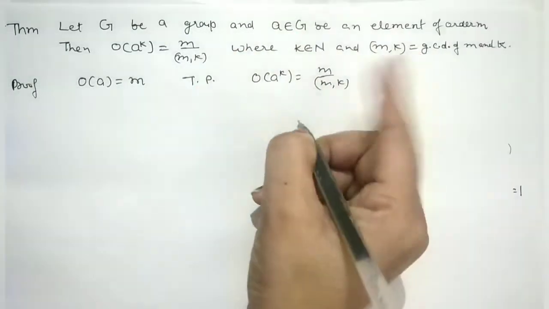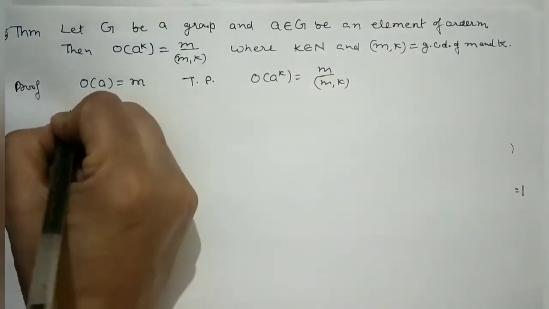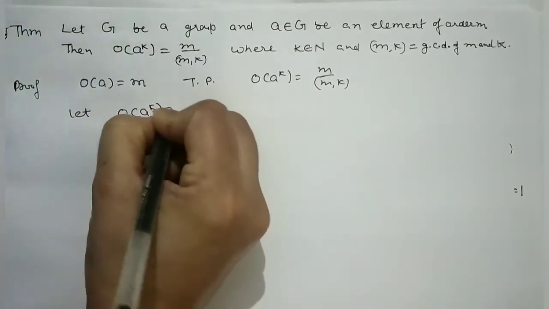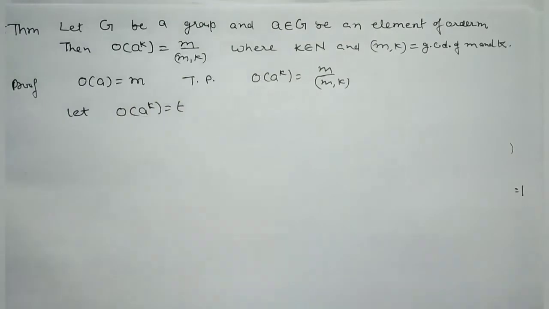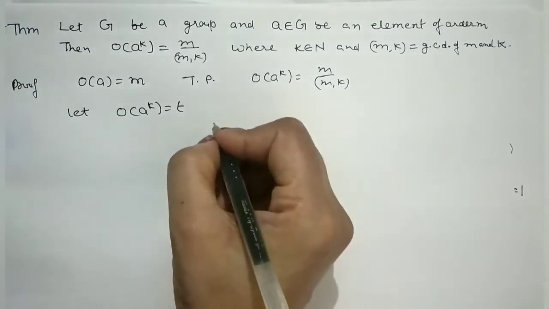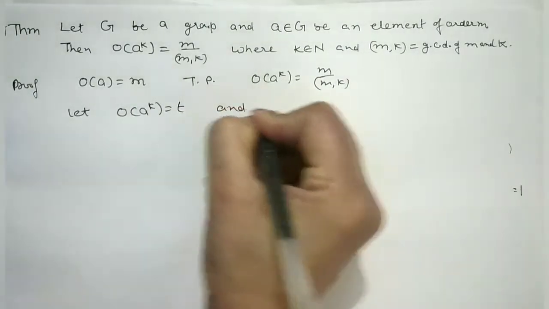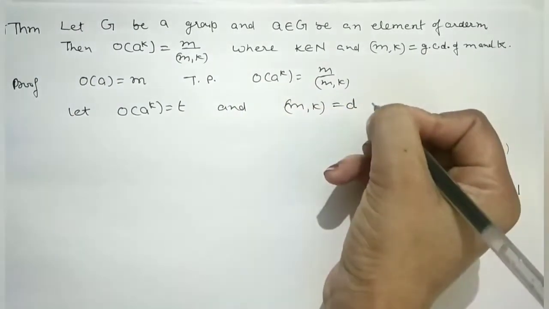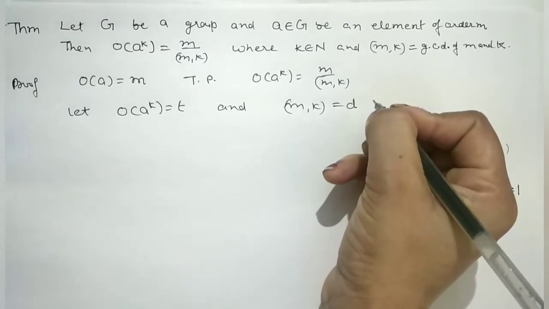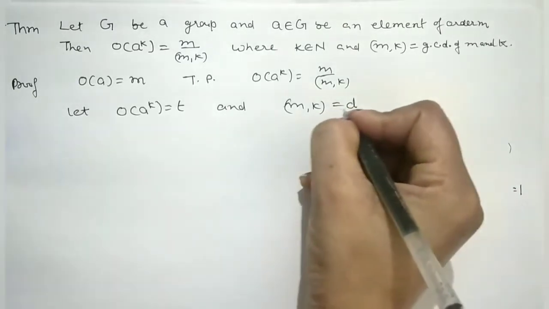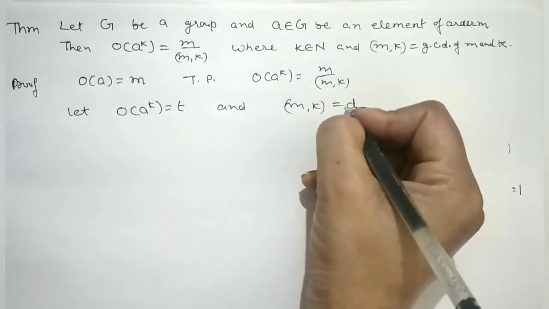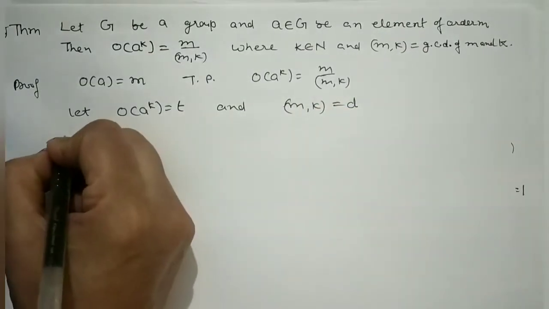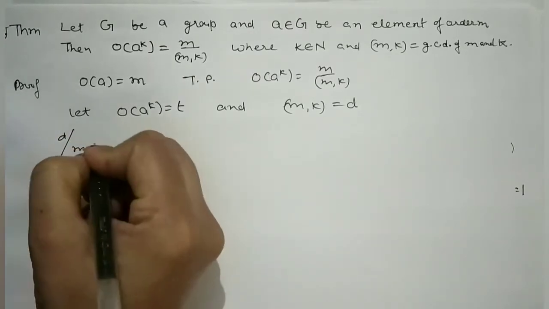We have to take two things in this question. First, we will take the order of a raised to power k to be t, and the GCD of m and k, let it be d. GCD means greatest common divisor, the number that divides both numbers. So d divides m.